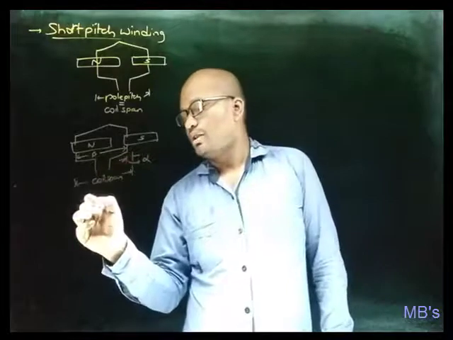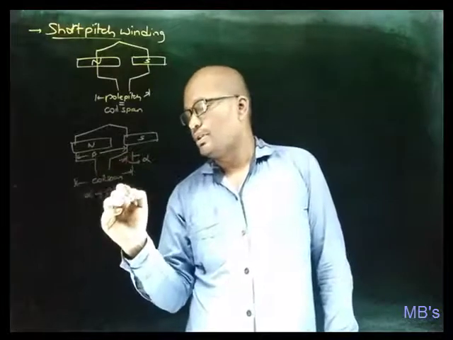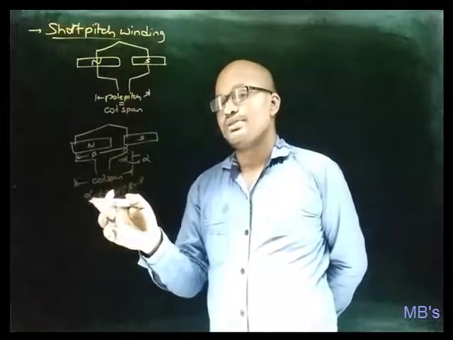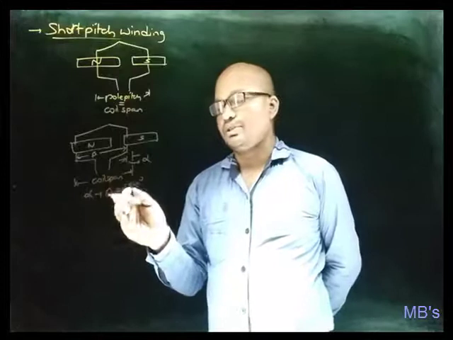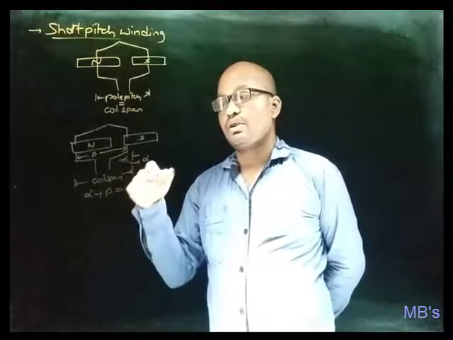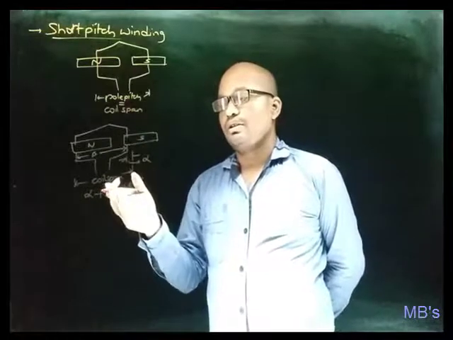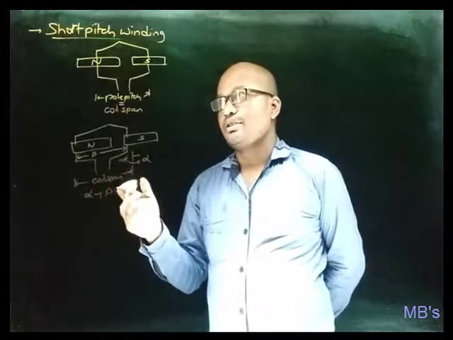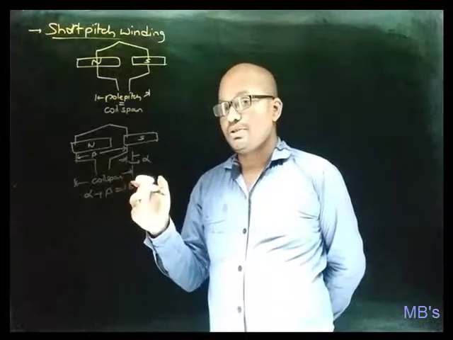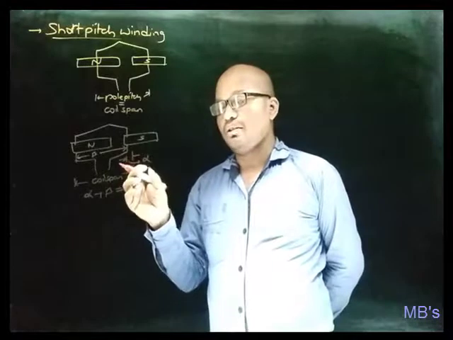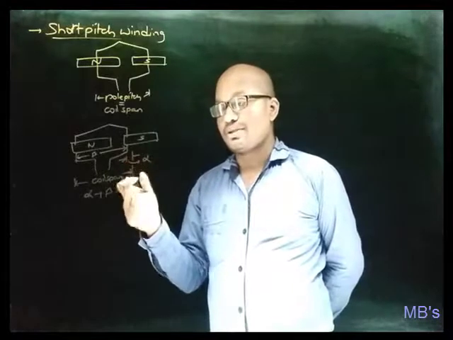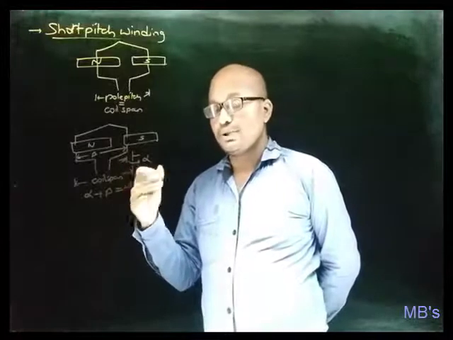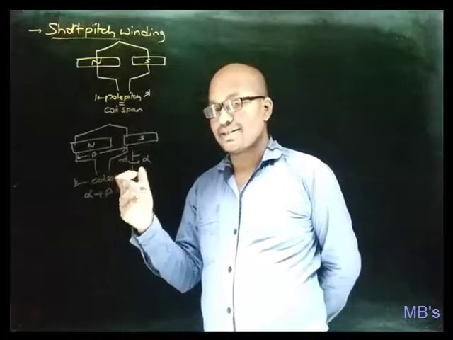So alpha plus theta is equal to 180 degrees. For a full pitch winding, alpha is 0, so that theta is equal to 180 degrees, which means the coil span is equal to 180 degrees. For short pitch winding, alpha plus theta is equal to 180 degrees. It is also said that short pitch winding is short pitched by an angle alpha. Or in terms of the number of slots, it can be said that short pitch winding is short pitched by 2 slots, short pitched by 3 slots, etc.